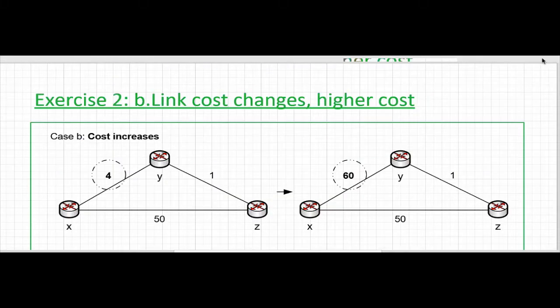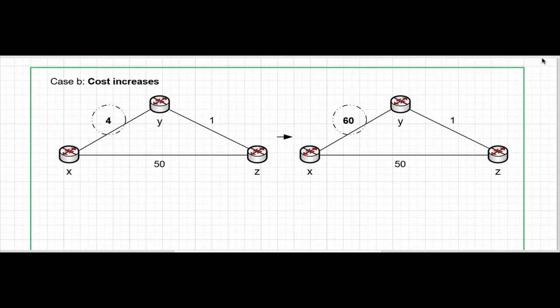Let's look at the case where the cost is going to increase. So now the cost of going from X to Y is going to go from 4 to 60. So let's again see what happens with Y. Before this change, Y knows that it can reach X at a cost of 4.